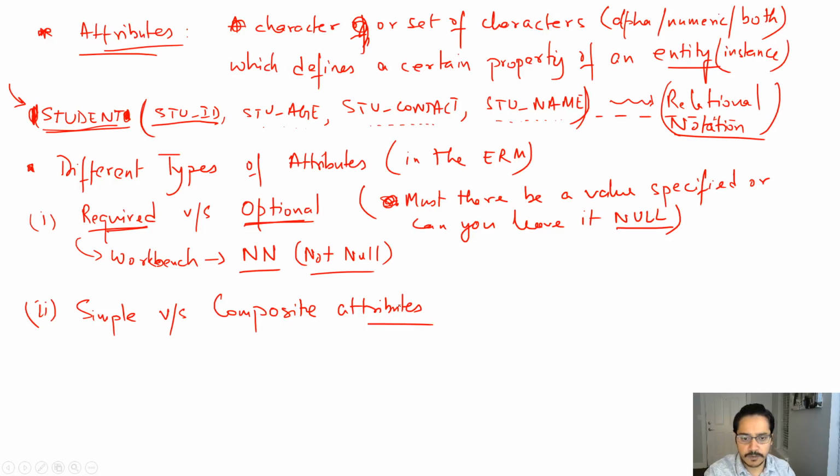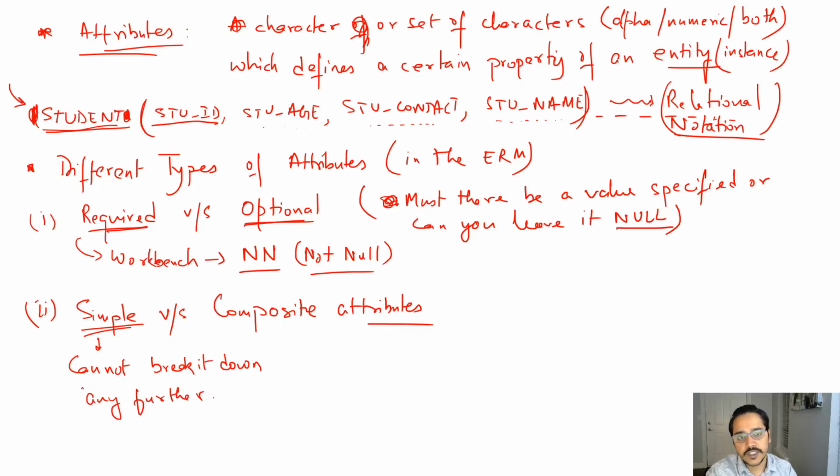So simple versus composite attributes: if you cannot break down an attribute any further in terms of its value, right, then it's a simple attribute. So that means if an attribute is simple, you cannot break it down any further.